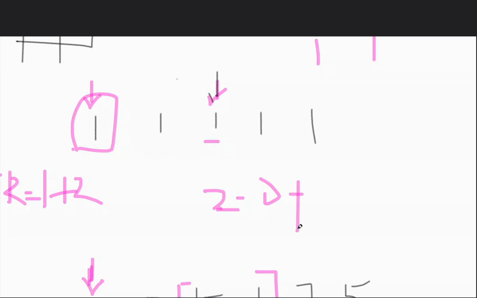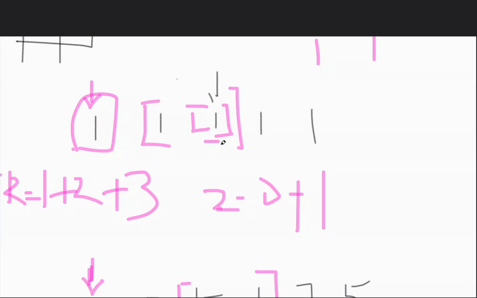Now here's plus 1. So now here we need to add 3. Why 3? I will show you one more time. This one is a valid subarray, and here also a valid subarray, and here also a valid subarray. So that's why it's 3.